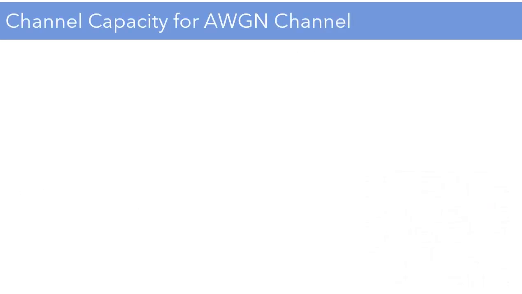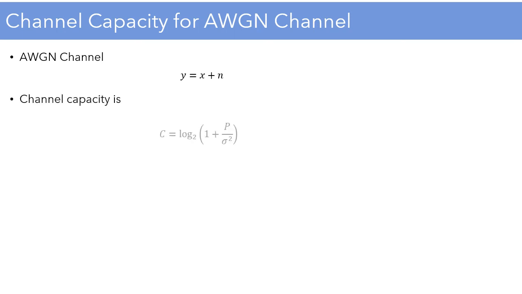What I am going to talk about here is the channel capacity of the AWGN channel, because as I said, this is a very popular, simple, and yet very powerful channel. So the AWGN channel is Y equal to X plus N, where N is some Gaussian noise. Channel capacity here is given by log(1 + P/σ²), and there is a half factor in some approaches, but let's ignore that factor for now.